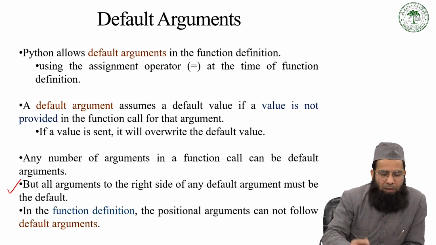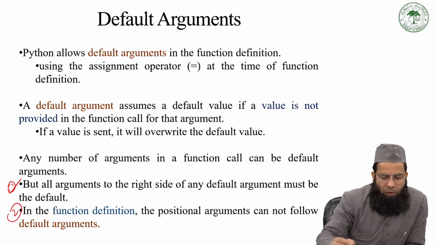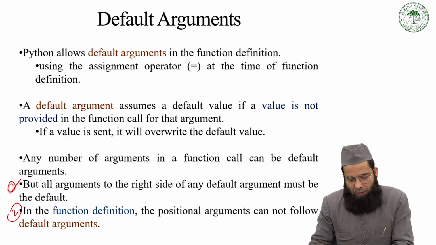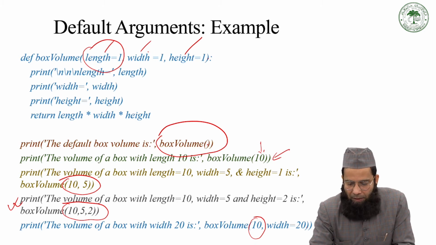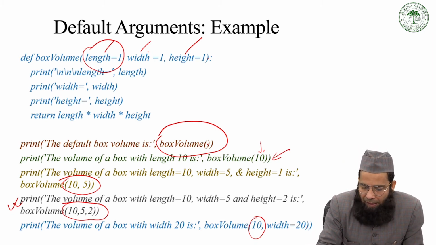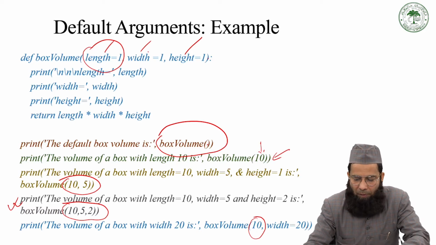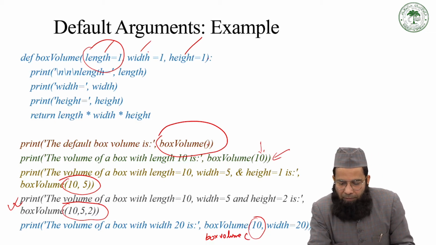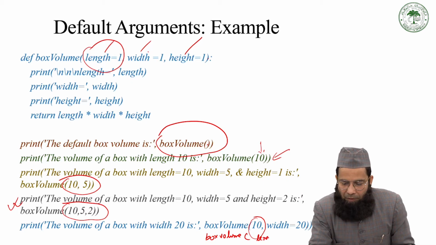Now come to these two important concepts. All the arguments to the right side of any default argument must be default, right? It means you cannot say it like this. Suppose I'm writing one more function call, box volume, and length is equal to 1, and then 20, and then height is equal to 5.